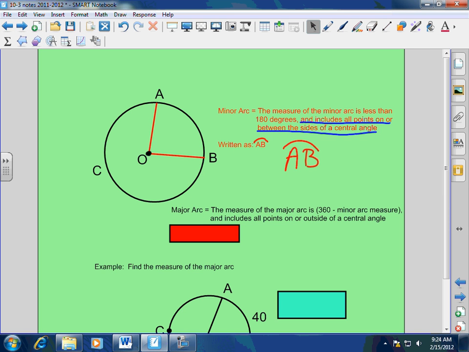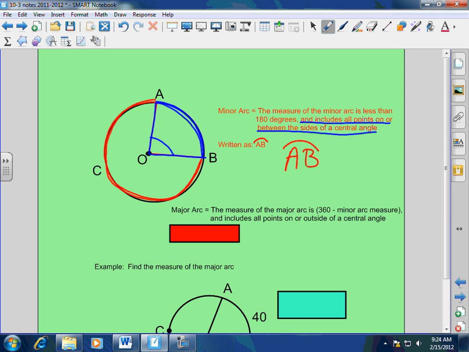And it includes all points on or outside of the central angle. Let's remember that this right here, AOB, is the central angle. Everything within it is the minor arc. But everything outside of it is the major arc.